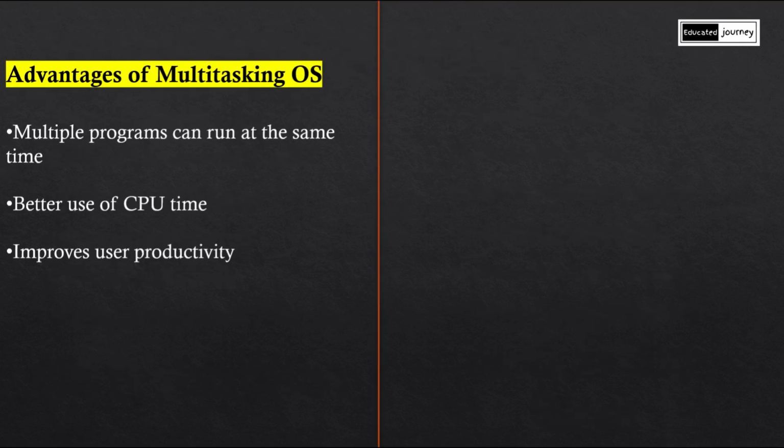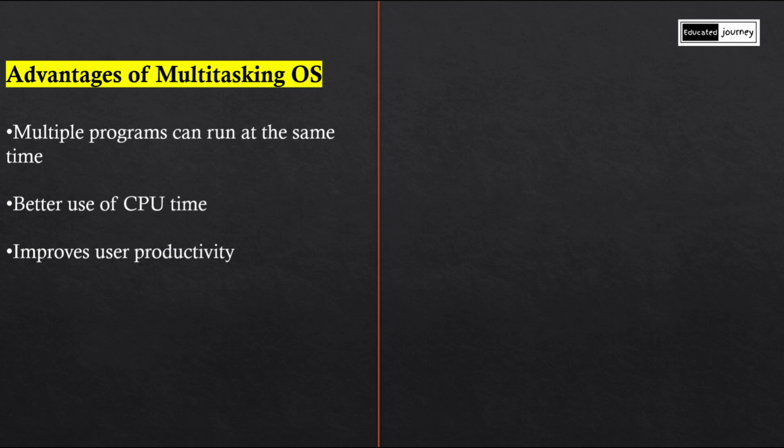Let's see advantages of multitasking operating system. The biggest advantage is that multiple programs can run at the same time. You don't have to close one application to open another one. Multitasking makes better use of CPU time. When one task is waiting, the CPU switches to another task instead of staying idle.